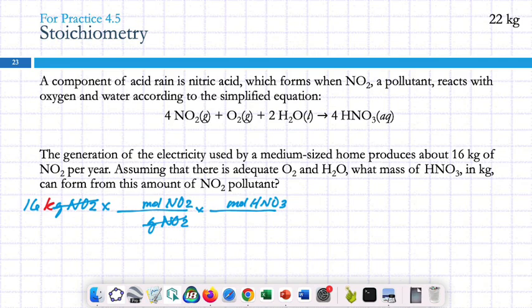Moles of NO2, HNO3, grams of HNO3. Now, if we look at the units, I'm ending up with grams and the kilo.